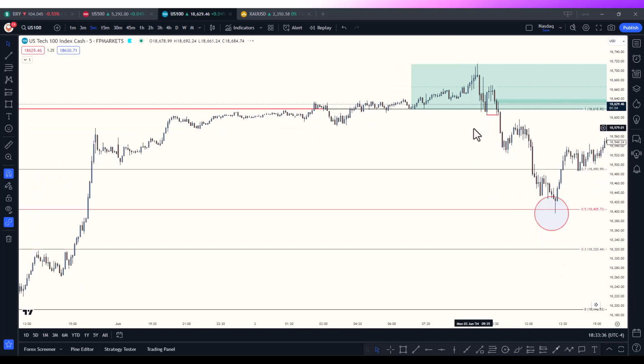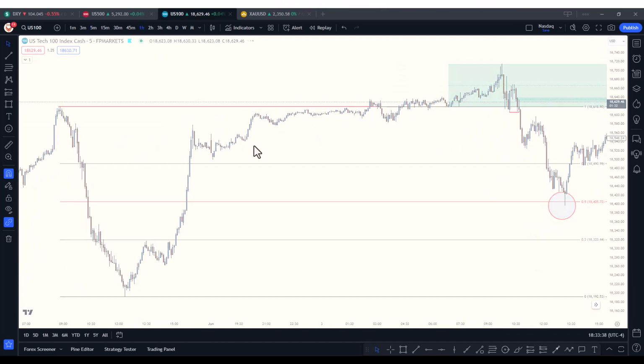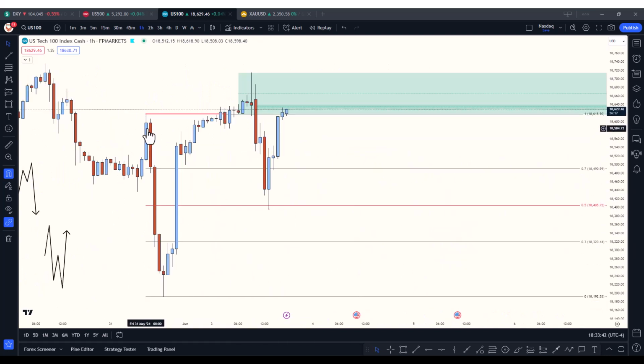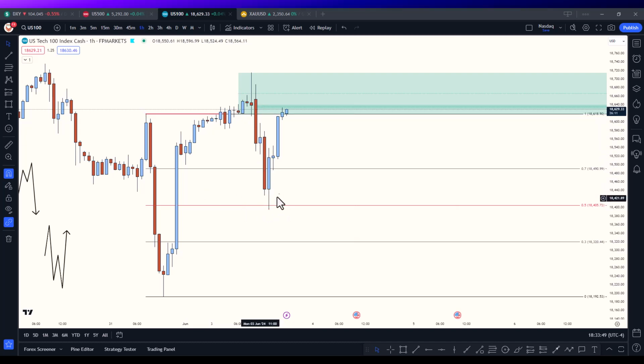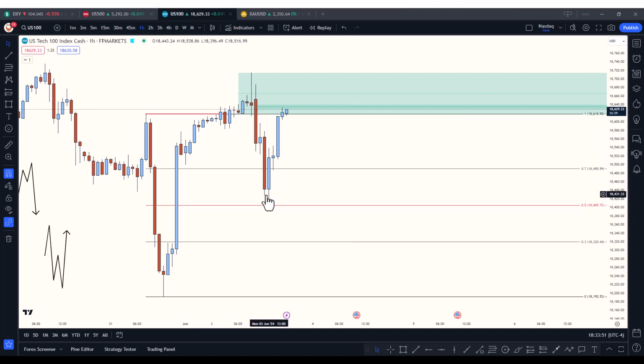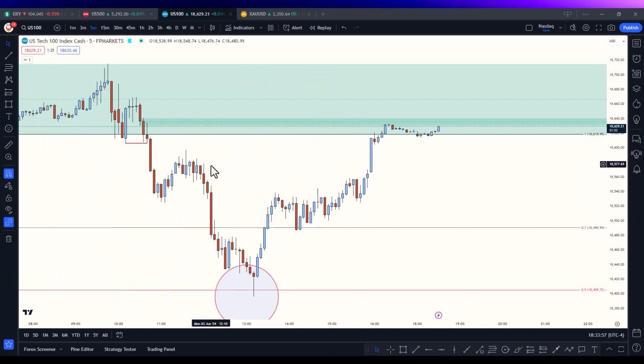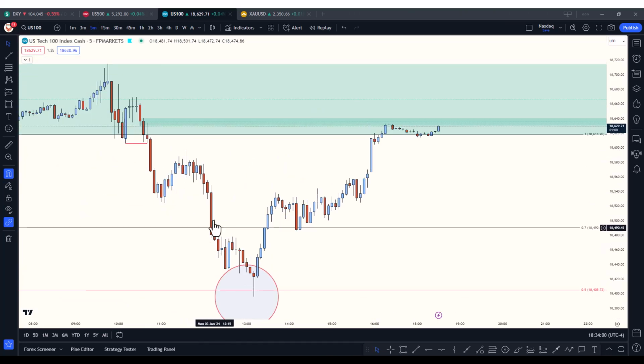Yeah, I was targeting the zone here, from here to here, the 50%, as price was going to mitigate the zone here, and this was the trade that I took on NQ, but didn't wait until this drop.